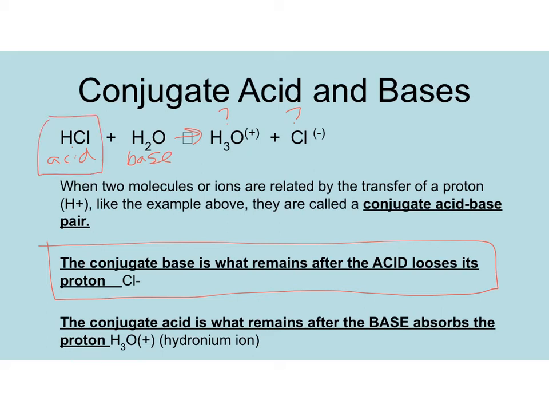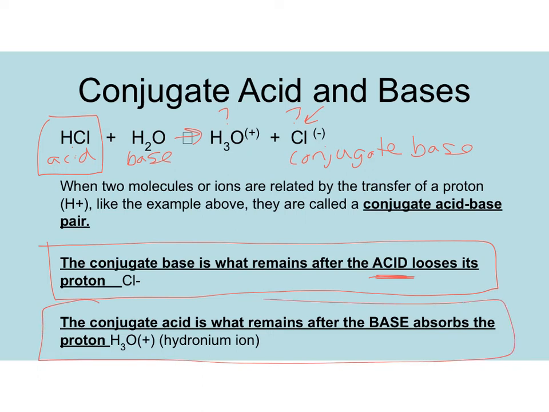I lost my H+, and I became Cl-. Well, we call this the conjugate base. It's what's left after the acid loses its proton. So we call that the conjugate base.